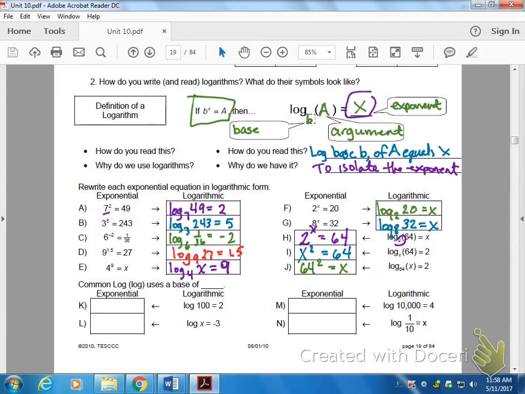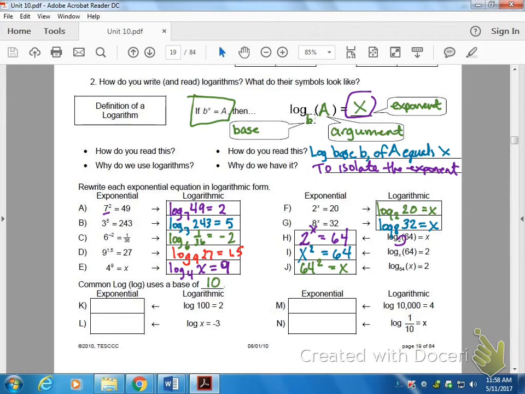And one more thing I want to show you in this video is common logs. You have a button on your calculator that is a log button. That log button is based on common logs, and common logs use a base of 10.